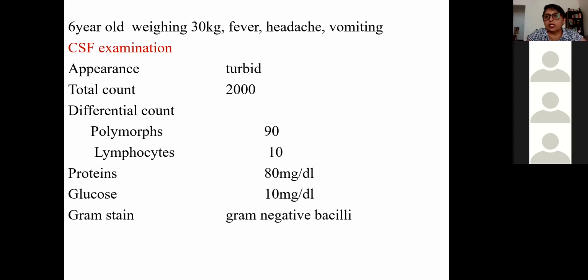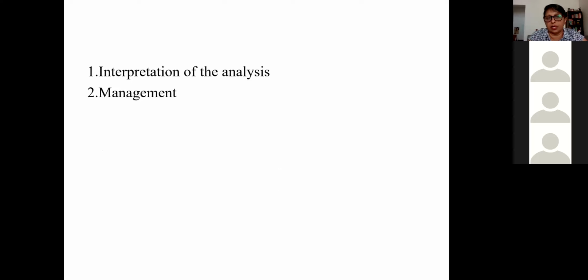Yes. Is it over, Didi Devdas? Yes, ma'am. So next page, the question will be interpretation of the analysis. Second question, it is management of the condition. Please write down the question.